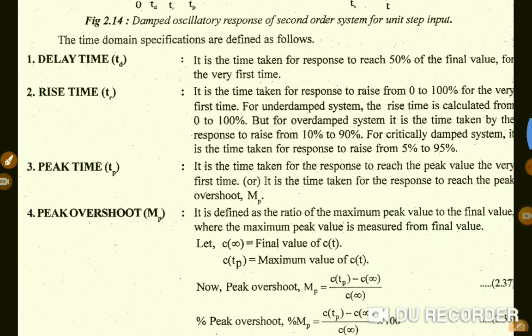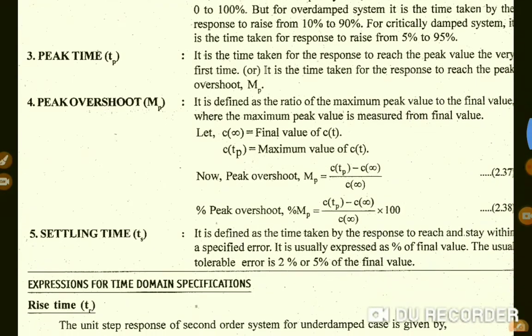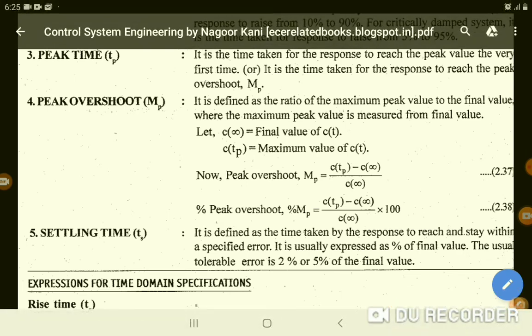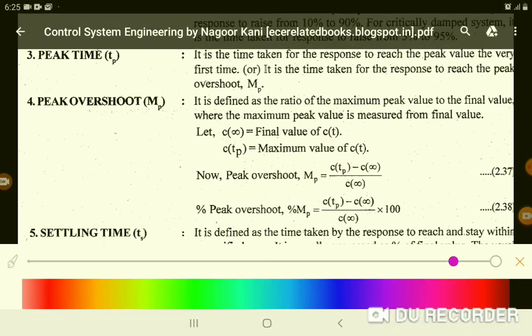Then peak time and peak overshoot. Peak time is the time taken by the response to reach the peak value for the very first time. Then peak overshoot or maximum overshoot is the ratio of peak value to final value, where the final value is C infinity of C of t.